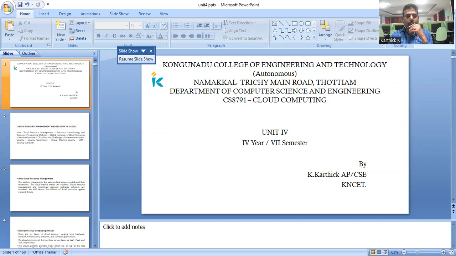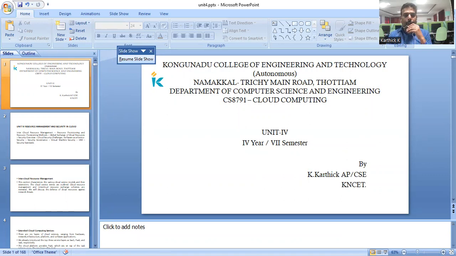One of the important and difficult topics to understand is global exchange of cloud resources.